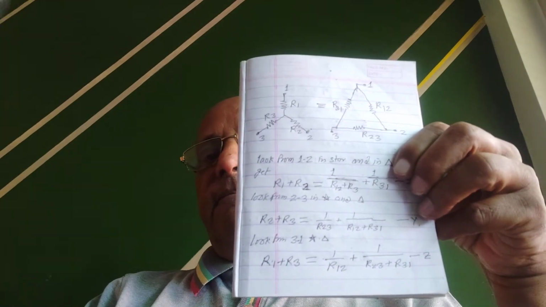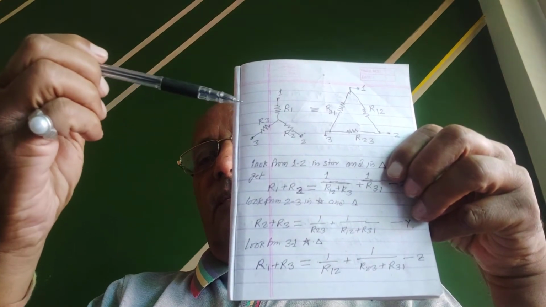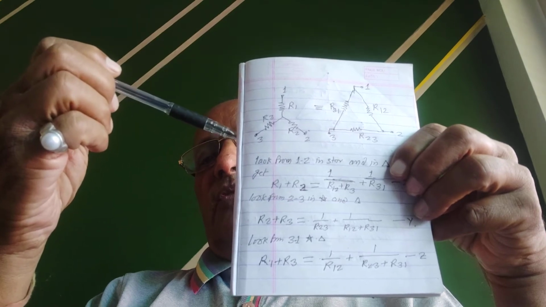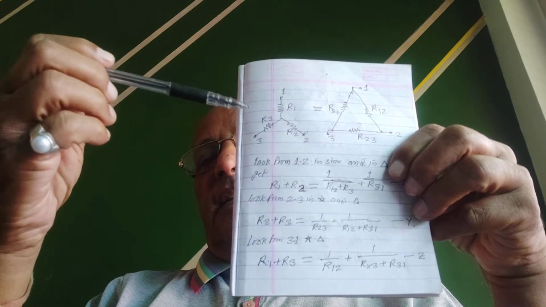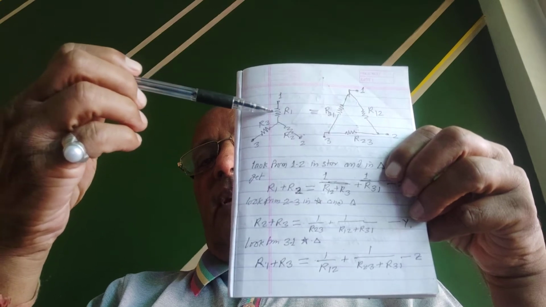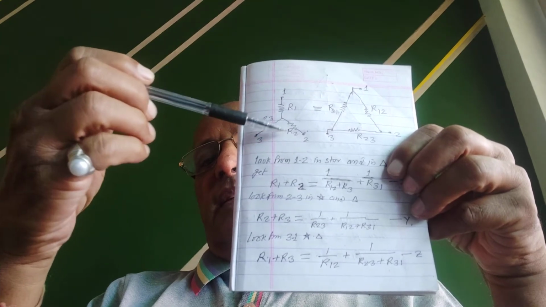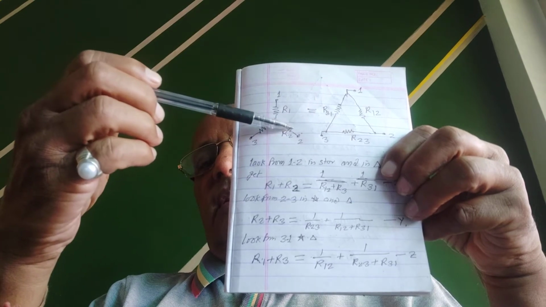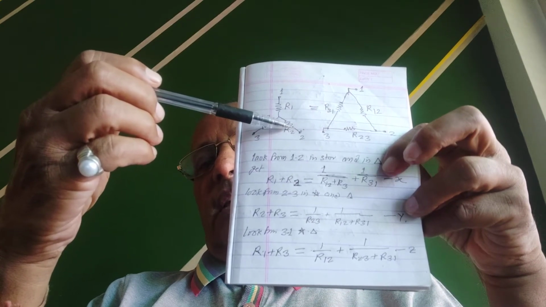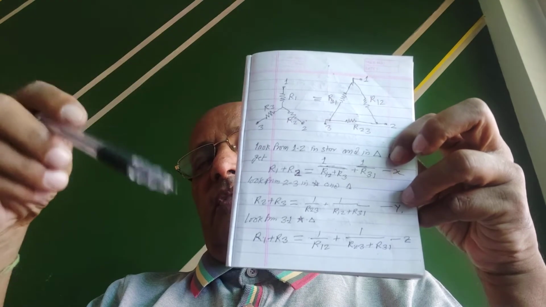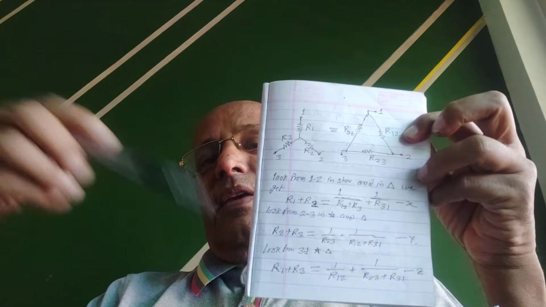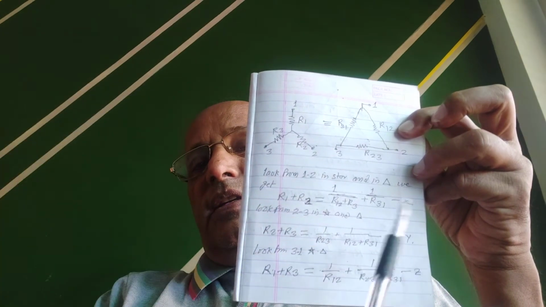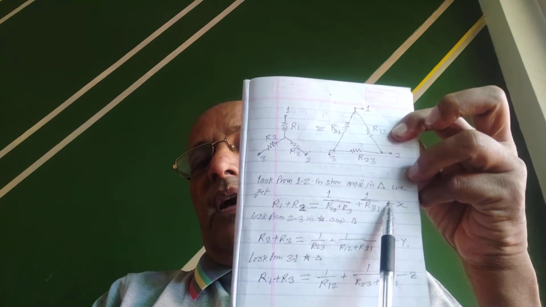Suppose you are looking between terminal 1 and 2 in star. You will see that the equation will be R1 plus R2, and R3 becomes open circuit here, so it will not come in the equation. So when we look from terminal 1 to 2, for star it is R1 plus R2.